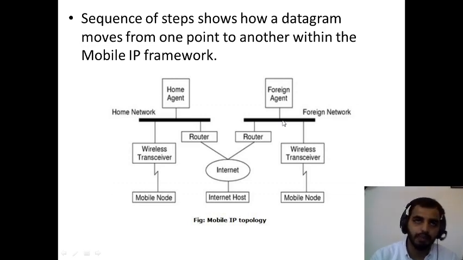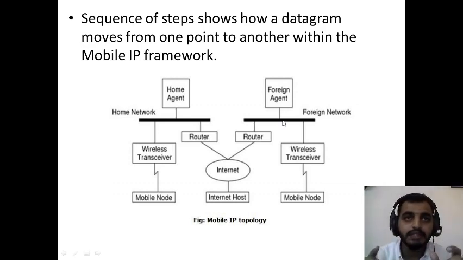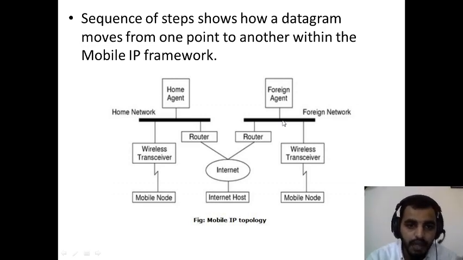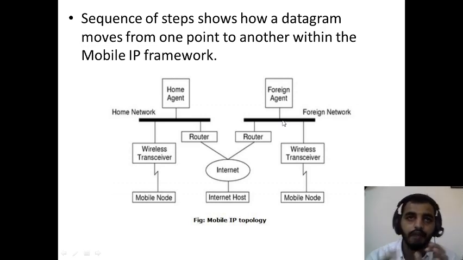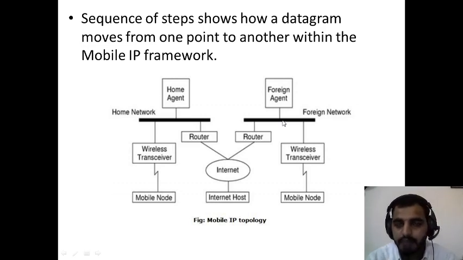Anyone coming from America to India is considered a foreigner, and when we as Indians go to America, we are considered foreigners. It means at one instance one network can be a home network, and at another instance that network can become a foreign network. In one instance it can be a home node, in another a foreign node.